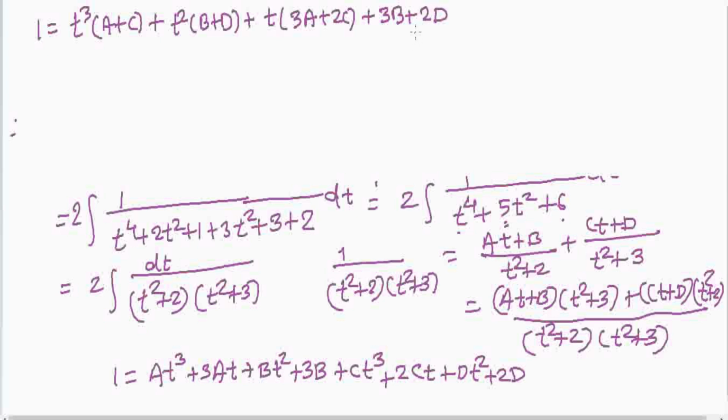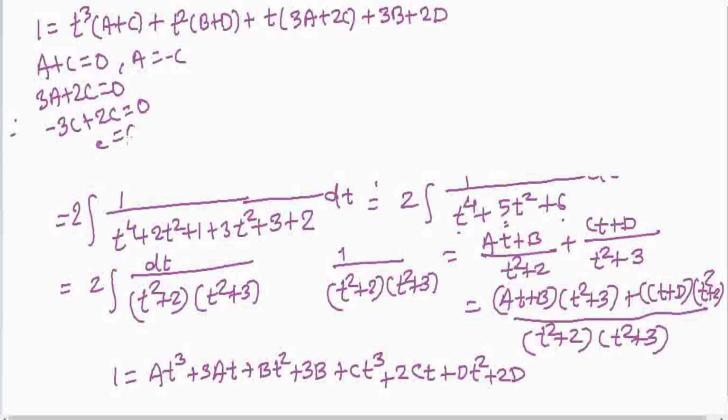So these are the constant terms. Now from this we have here a plus c equal to 0, and 3a plus 2c is also equal to 0. Okay, so if we take a equal to minus c, then minus 3c plus 2c equal to 0, and this gives us c equal to 0. C equal to 0 means a equal to 0.